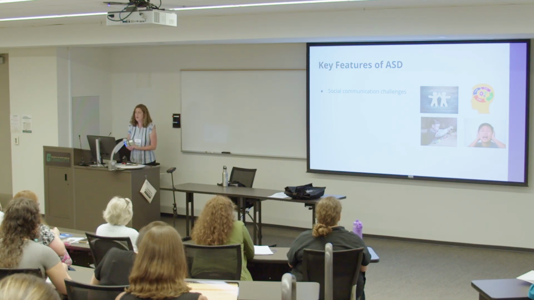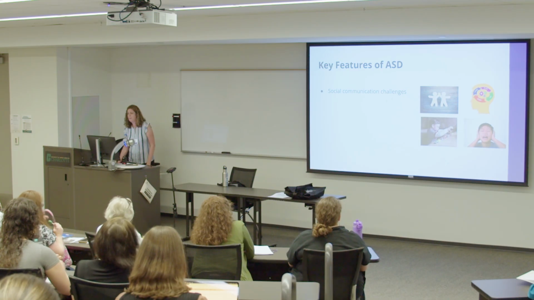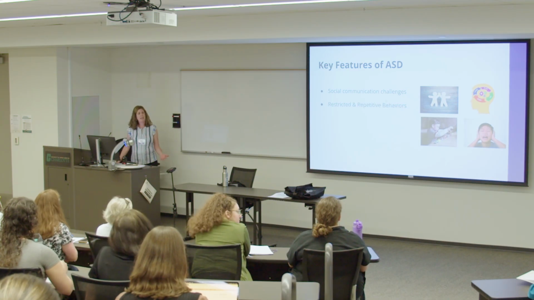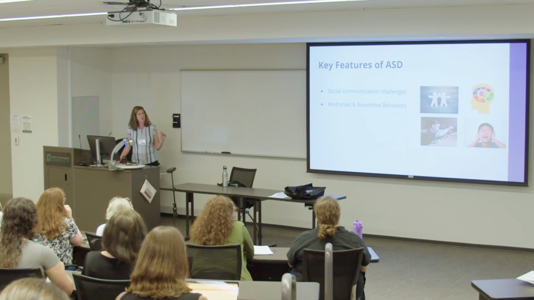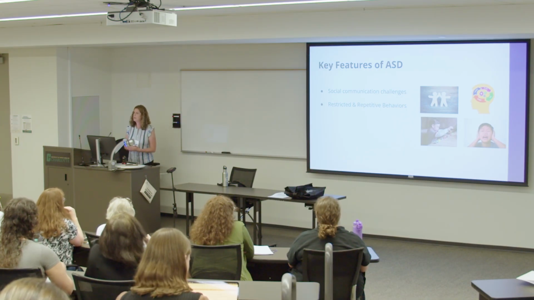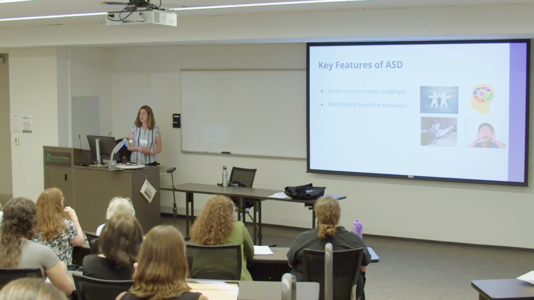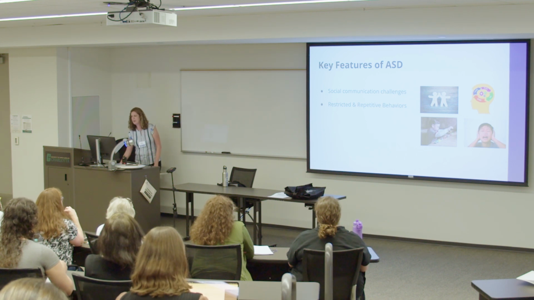Also, forming same-age friendships can be a challenge. Restricted and repetitive behavior can also be the sensory type of concerns, as well as maybe somebody who is very routine, has to do things a certain way at a certain time, really stuck on certain topics and wants to talk about certain things all the time. So that could fall in that category as well.